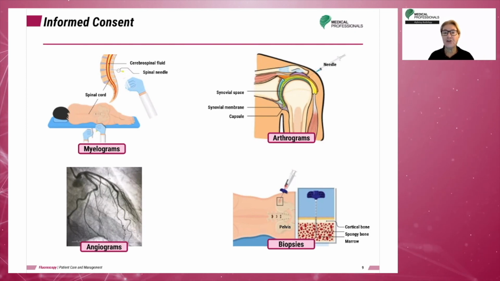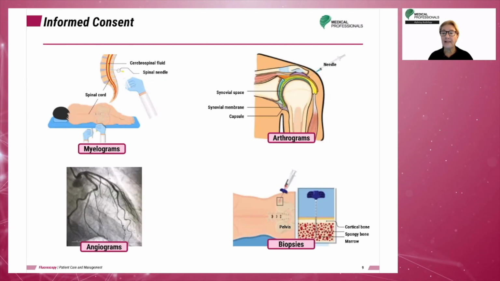These procedures are more invasive and are done under fluoroscopy. Myelograms involve a needle being placed into the subarachnoid space and the introduction of contrast media into that space. Risks include infection, nerve damage, seizures, and even paralysis.